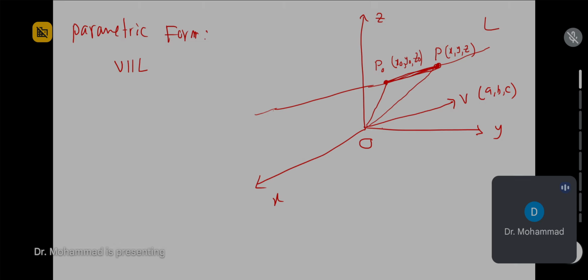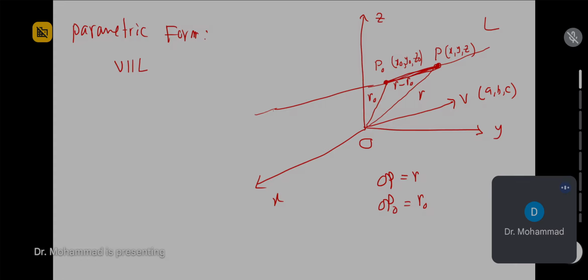Now let's say OP is our R, and OP naught is R naught. So what about PP naught? PP naught is R minus R naught.